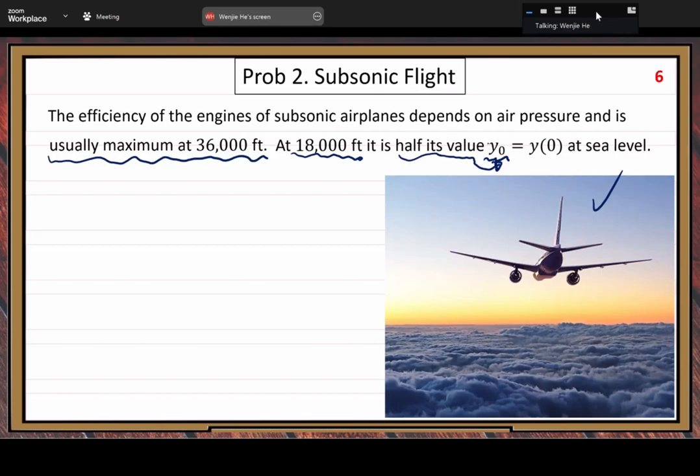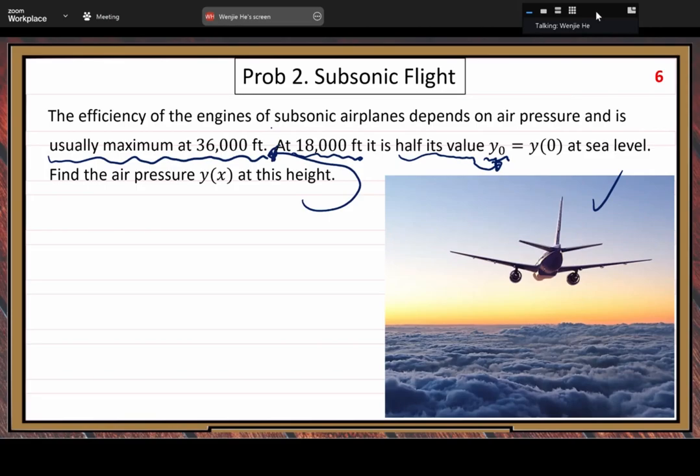also given. So with this known information, now the question. Find the air pressure function y of x at this height. What height? The maximum height. That's unknown.